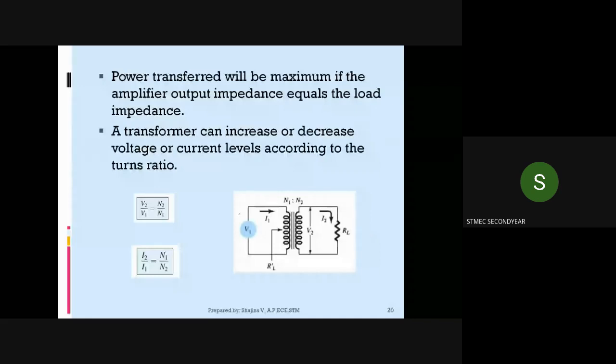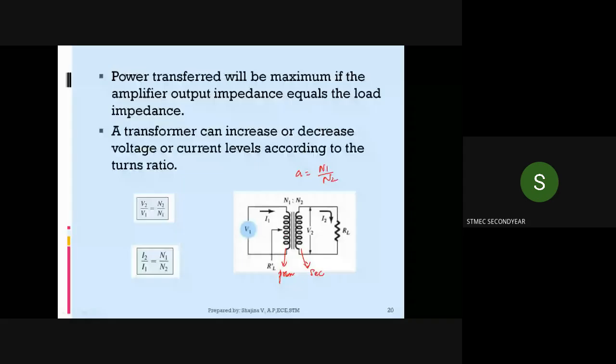Here we are considering a transformer. This is the primary winding of the transformer, and this is the secondary winding. Let the turns ratio A be equal to N1 by N2, where N1 is the number of turns in the primary and N2 is the number of turns in the secondary.